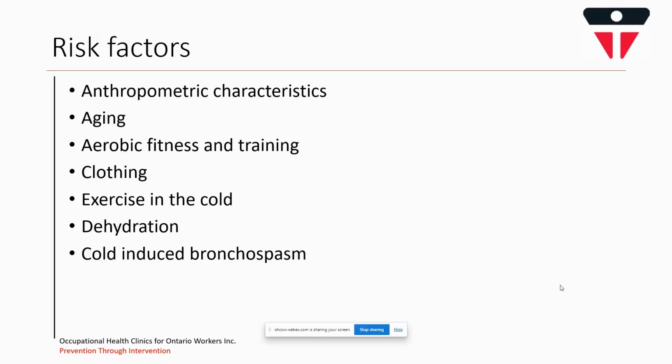Clothing insulation can also affect, and since cold exposure increases urine output and it shunts the thirst sensation or thirst urge, people who are not well hydrated can be at risk for dehydration.